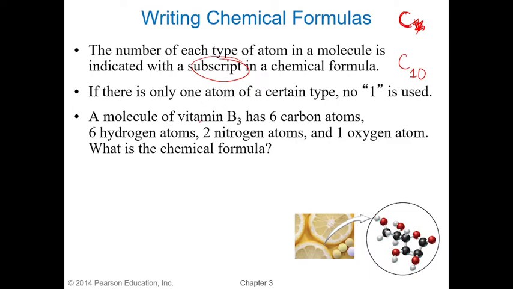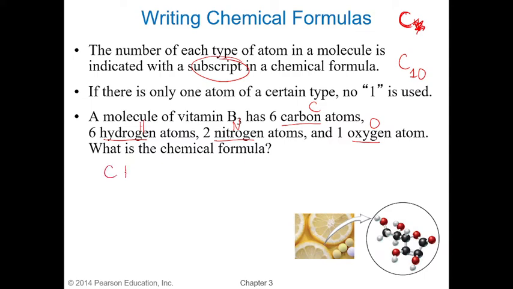So a molecule, bigay tayo ng example. A molecule of vitamin B3 ay may 6 carbon atoms, 6 hydrogen atoms, 2 nitrogen atoms, and 1 oxygen atom. So what is the chemical formula? So para masagot nyo to, dapat medyo familiar kayo with the symbolism of your element. So carbon is C, hydrogen is H, nitrogen is N, and then oxygen is O. So you just copy those.